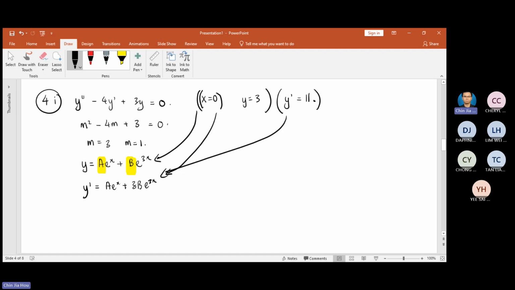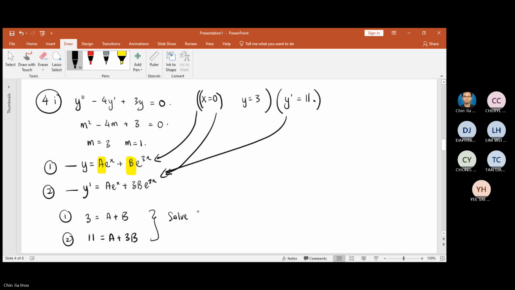So what are the equations that you get eventually? Let's say this is the first equation, second equation. You substitute the first one, you get 3 equals a plus b. Second one, you get 11 equals a plus 3b. Then you solve the simultaneous equation, which this one is super easy.